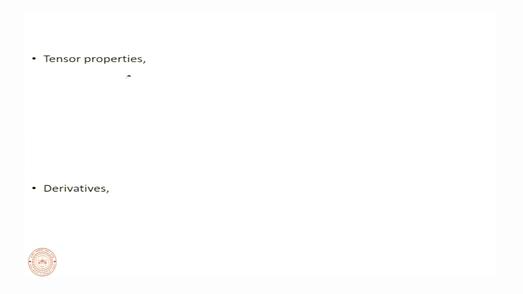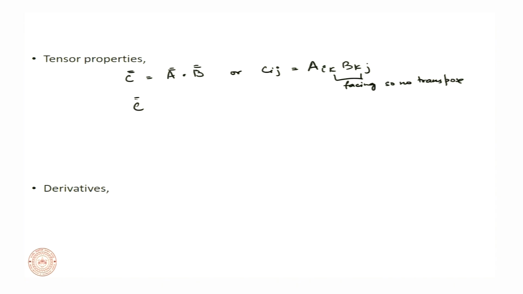So the tensor properties: C tensor will be equal to A tensor dot B tensor, or Cij is equal to Aik bkj. So you can see that they are facing, so no transpose. Say we have C, which is A transpose B. So in this case, Cij, we flip these, Aki bkj.